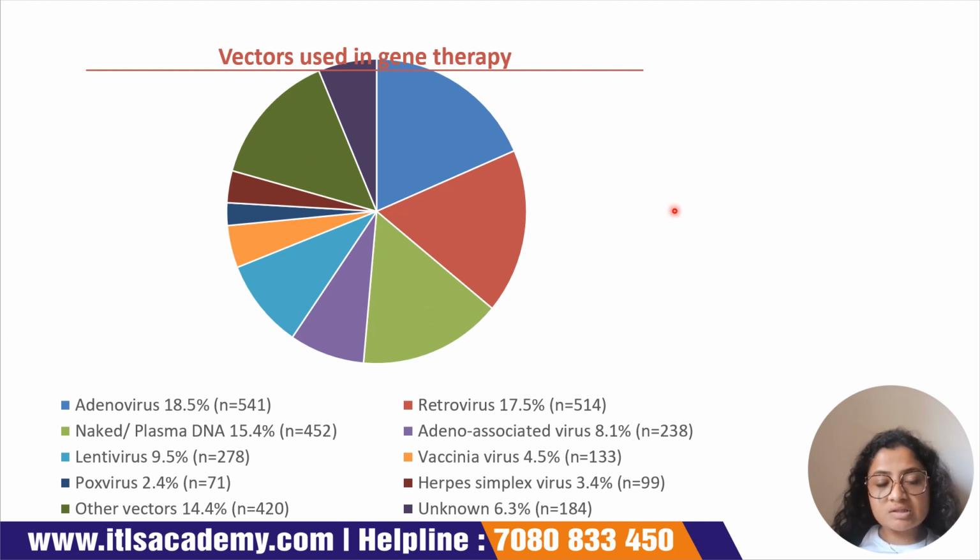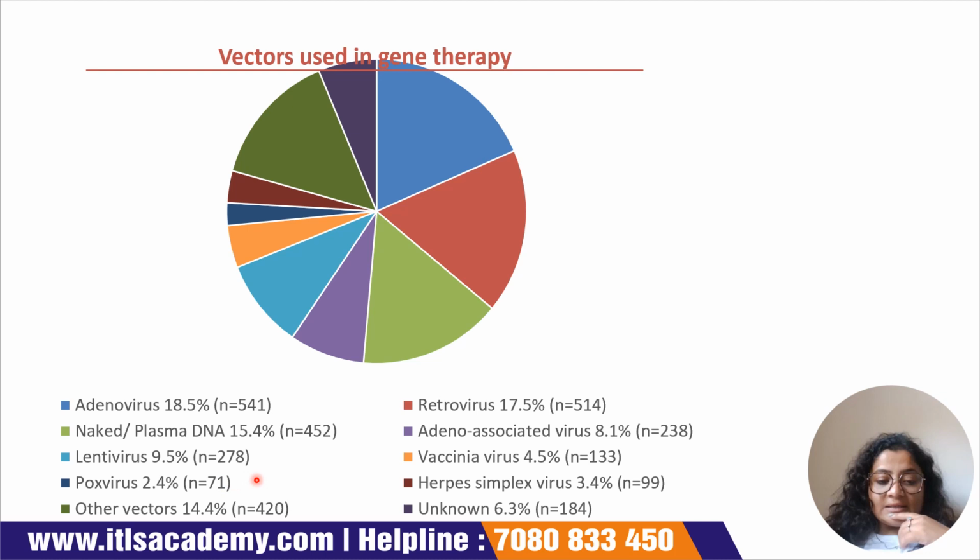Now again, in this slide I have given a pie chart to explain the different vectors which have been used in gene therapy. The maximum portion is covered with a medium shade of blue. It accounts for 18.5% and goes for the adenoviruses. Then we have the naked or plasmid DNA, which is 15.4%, the light shade of green.